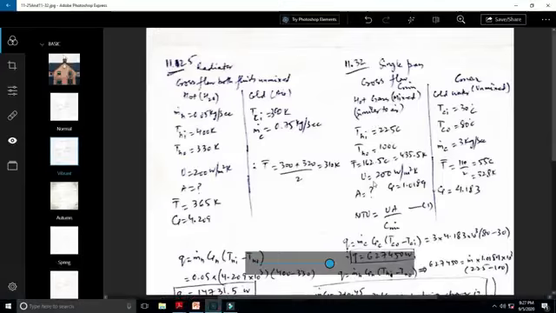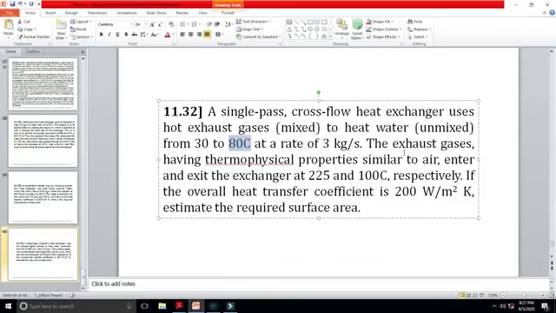If you take a look over here, it is the 11-32 cross flow exchanger. So T cold in is 30 and T cold out is 80, where it is the cold water which is unmixed and the hot gases are mixed. The exhaust gases have thermophysical properties similar to air.